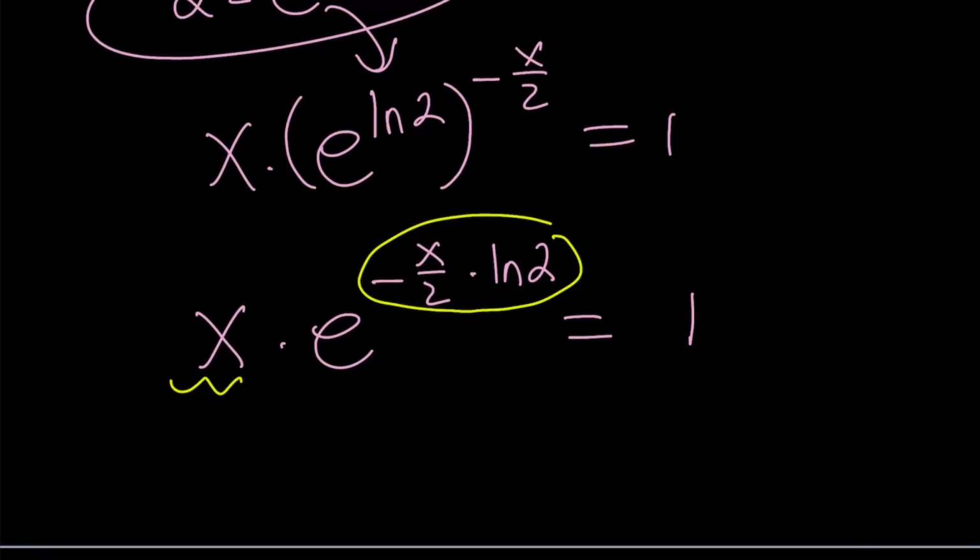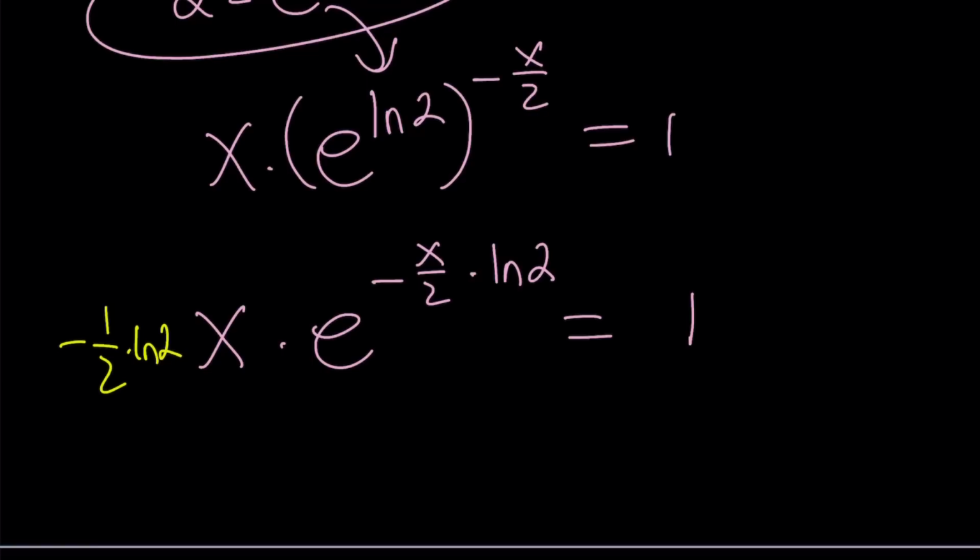So I need to multiply both sides by something, but that can be done because I have a negative x over 2, which means I need to multiply by negative 1/2 and also by ln 2. So in other words, we're going to multiply both sides by negative 1/2 ln 2. Let's do it. Negative 1/2 times ln 2, multiply here and multiply here.